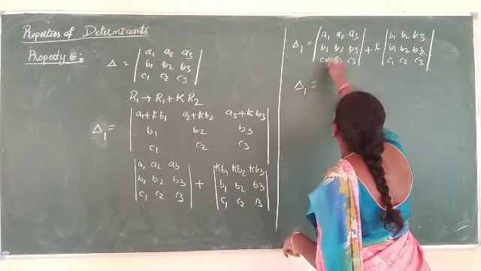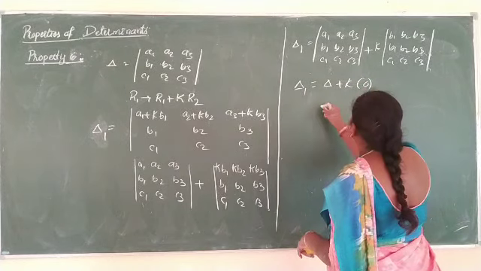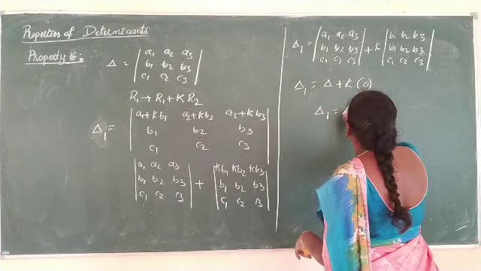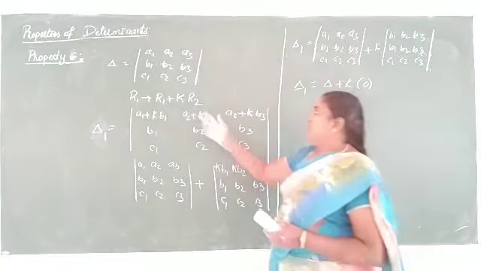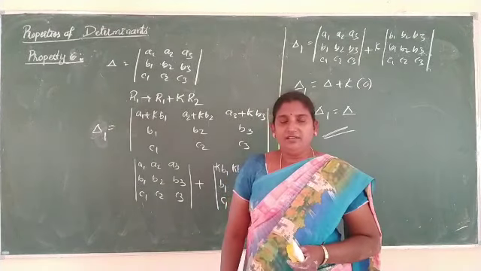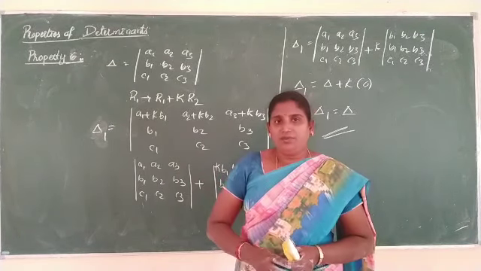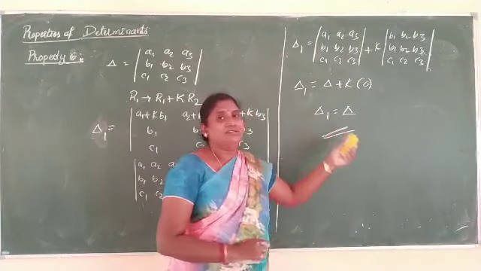So delta 1 is equal to delta plus K into 0. So now delta 1 is equal to delta only. Delta 1 is the determinant value after applying the operation. Delta is the value of the determinant before applying the operation. But both are the same.